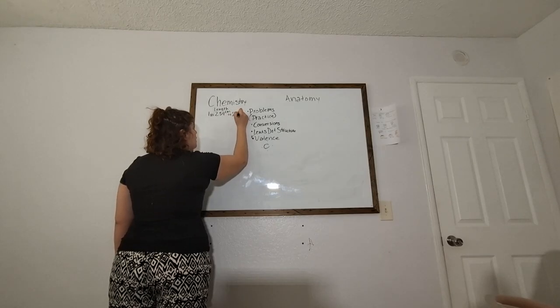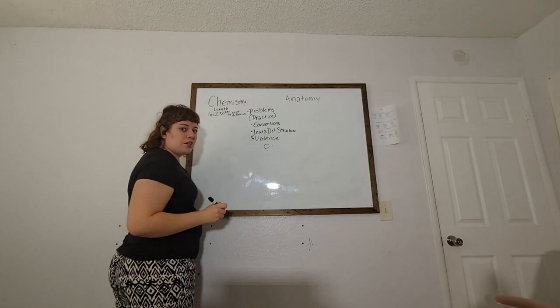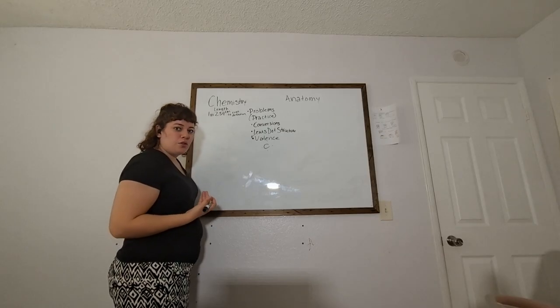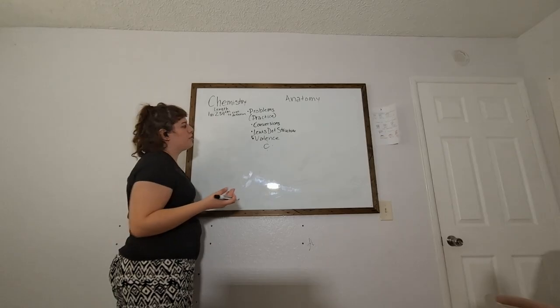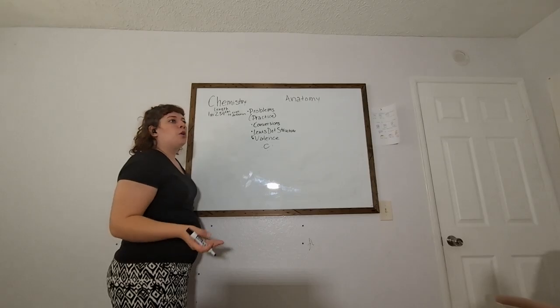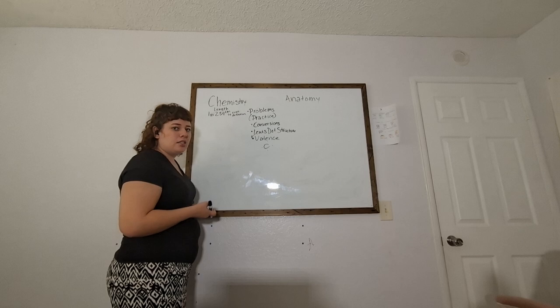So if you haven't taken your classes yet, I am warning you guys. This video is necessary to watch because I struggled. I had to go to tutoring and ask tutors and ask people, like, how the heck do I study for these classes? It's not the same as history, English, more of the art aspects or early classes that you take.